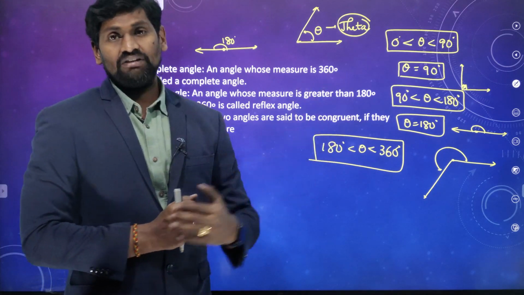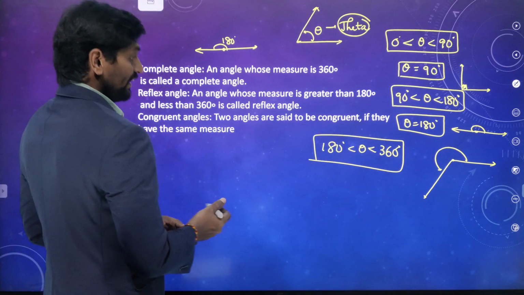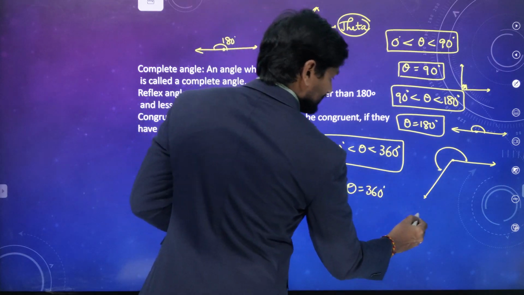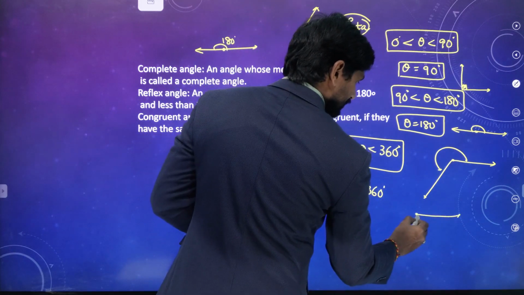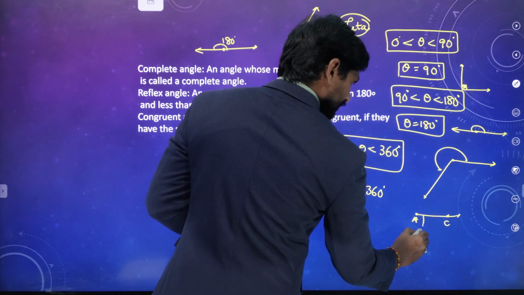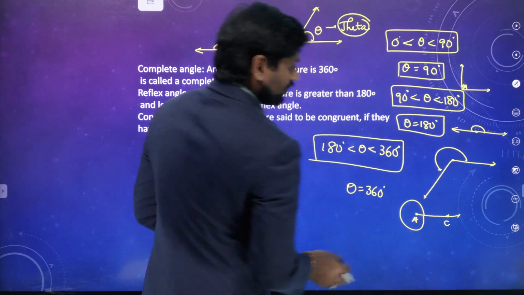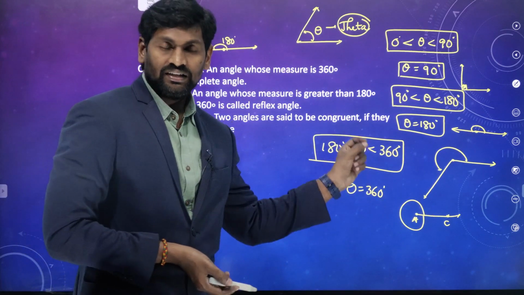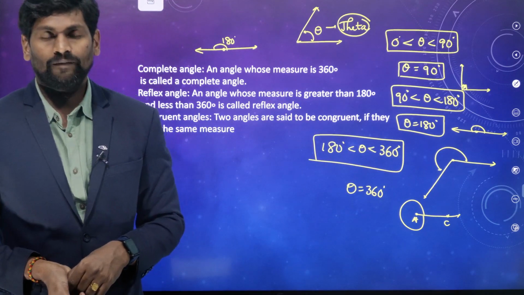An angle which measures exactly 360 degrees completes one rotation, and it is called a complete angle. Clear?